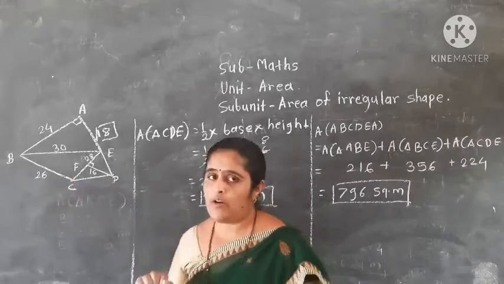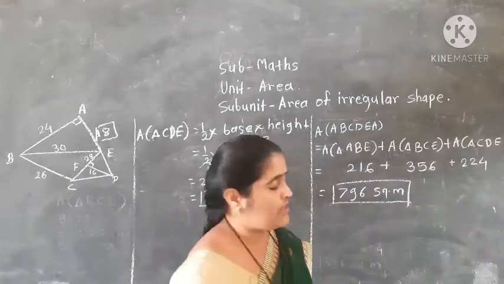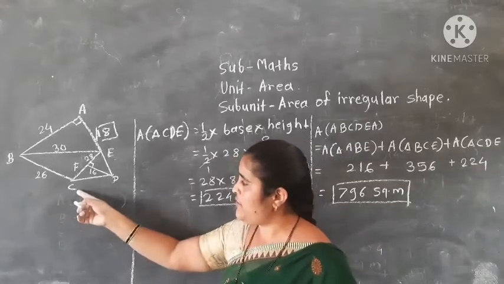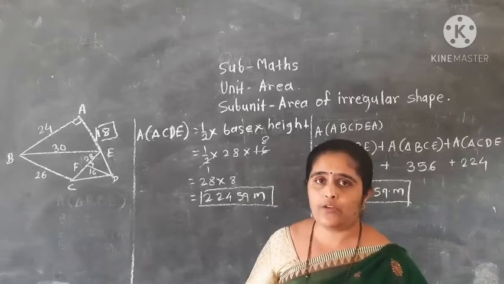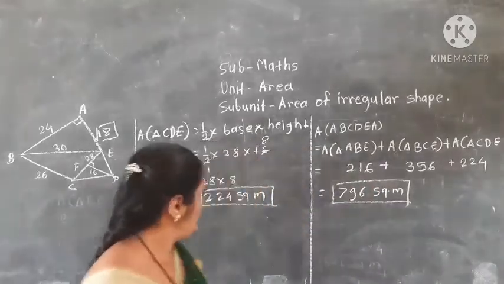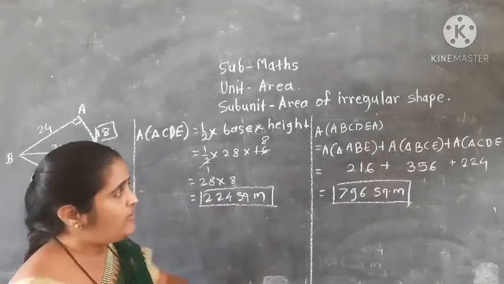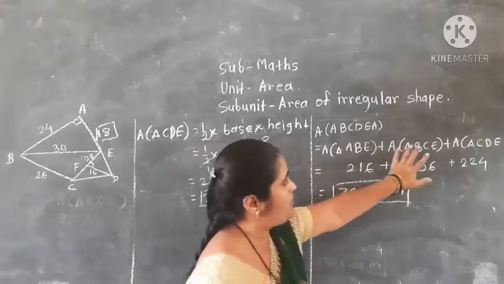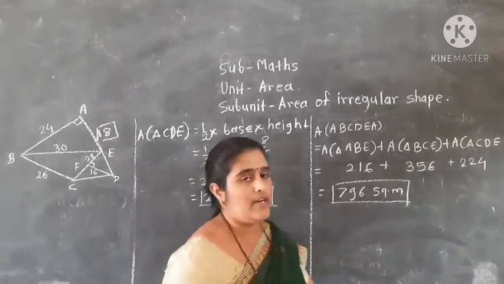And after that calculation, the value is 336. After that we calculate the area of triangle CDE by using the formula 1/2 into base into height. And our answer is 224 square meter. For calculating the irregular surface ABCDE, all three triangles should be added, and our answer will be 776 square meter.